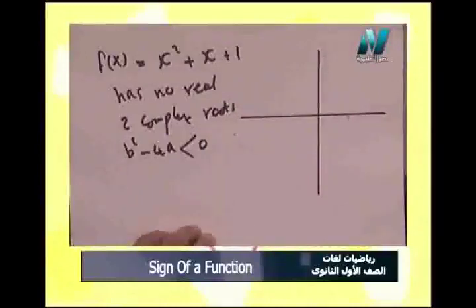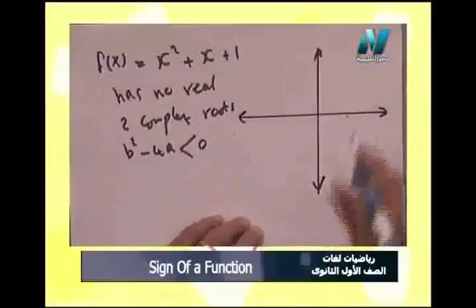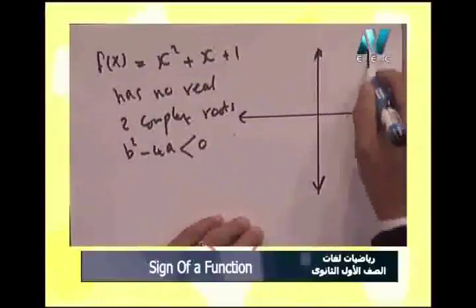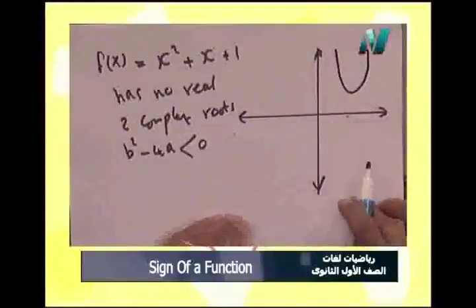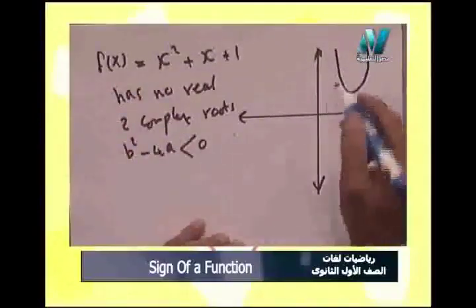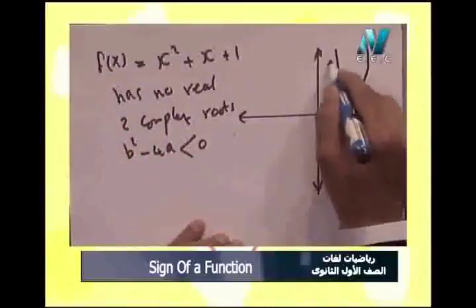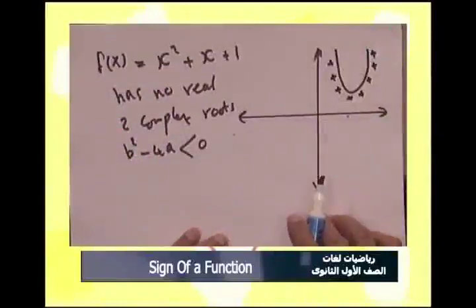we will find that this function lies completely upward of the x-axis, or sometimes downward if the coefficient of x² is negative. So this function will be positive for all x.